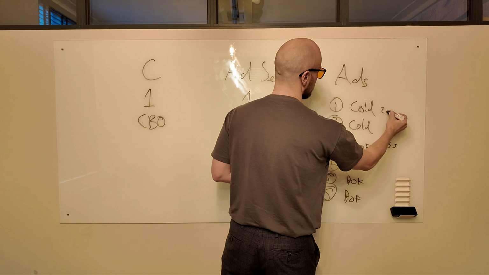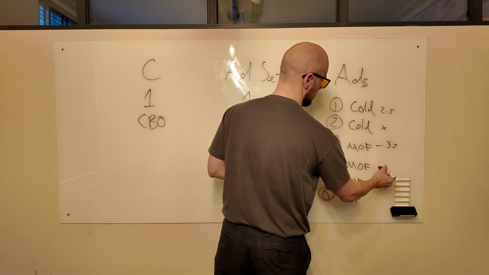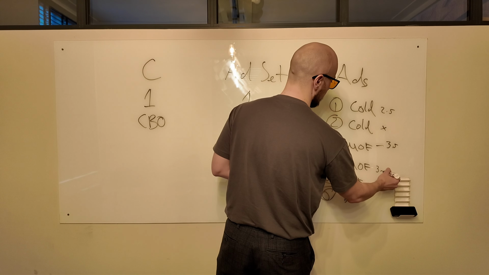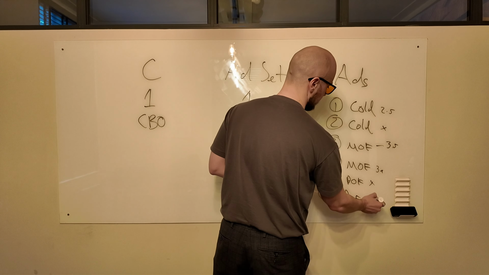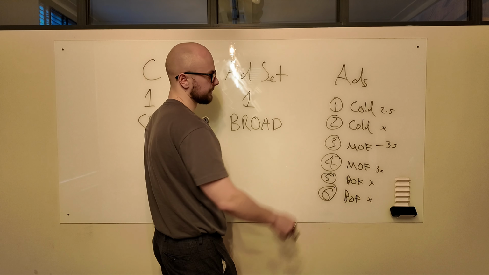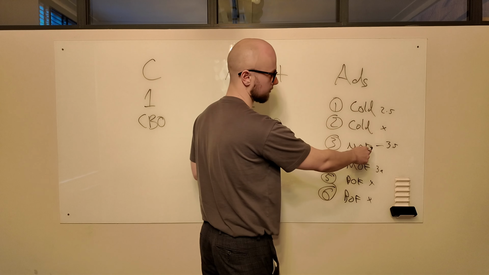This one's coming at a 2.5. This one's not getting any spend. This one is coming in at a 3. And the bottom of funnel ones, maybe they're not getting any spend, right? Most people would then just go, okay, we're gonna cut off all of these ads except middle of funnel, right?